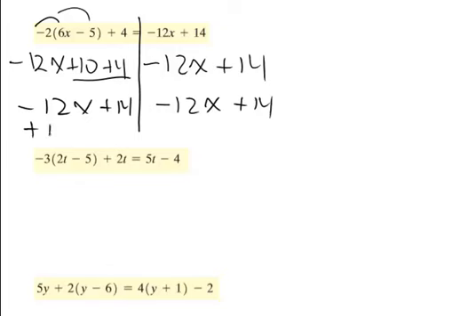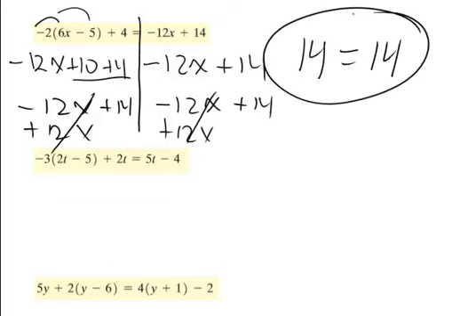If I add 12x to both sides, then I end up with 14 equals 14. Again, all my x's canceled out. I end up with something that's true. So my answer here is all real numbers.